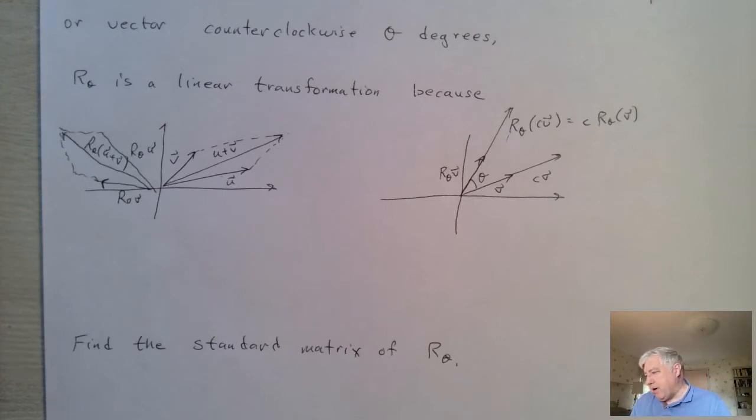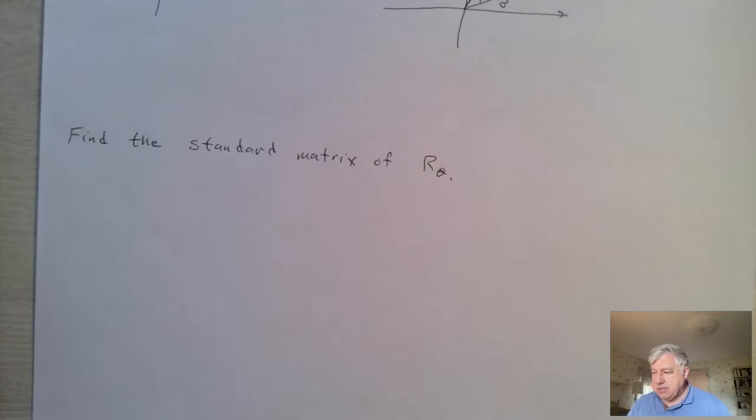Another part would be finding the standard matrix of these rotations, and not surprisingly, this is going to involve trig functions, sines and cosines. We haven't really done a lot with trigonometry yet in linear algebra, but that's going to change right now.